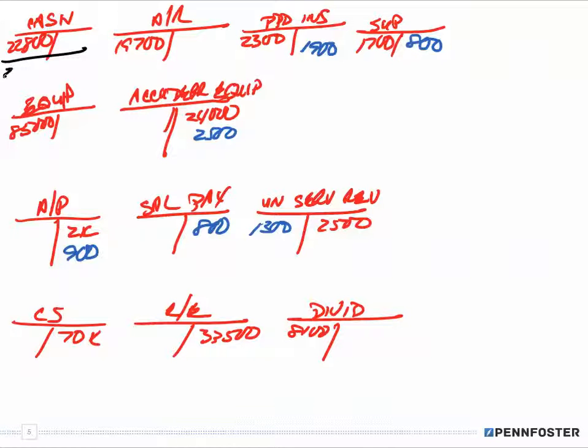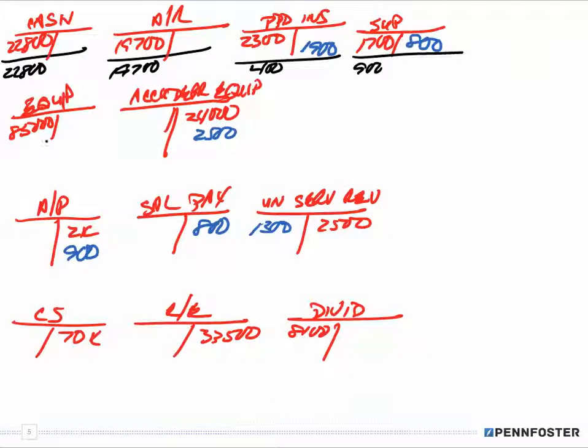So no change to the cash, no change to the receivables. The difference in our prepaid insurance now is a debit of $400 because $2,300 less $1,900 is $400. For our supplies, the balance is $900. 17 less 8 is 900.